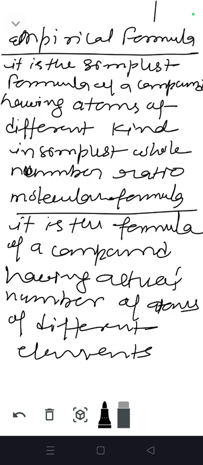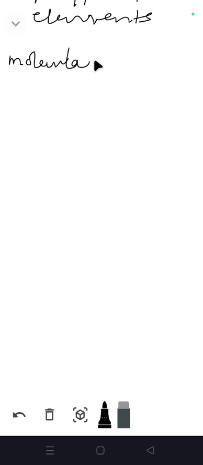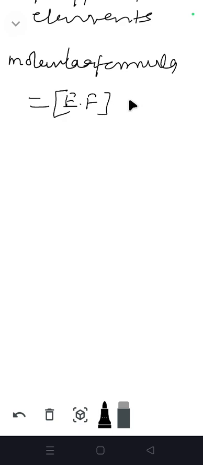There is a relation between them: molecular formula is equal to empirical formula into common factor.